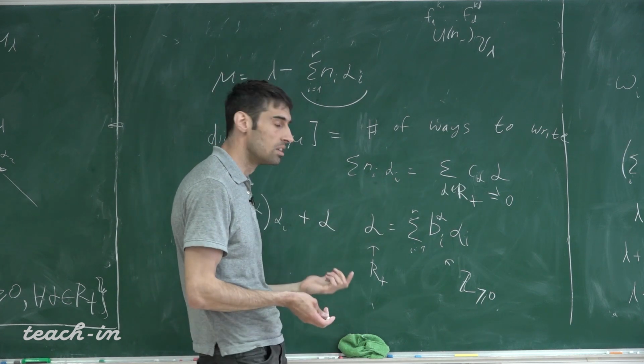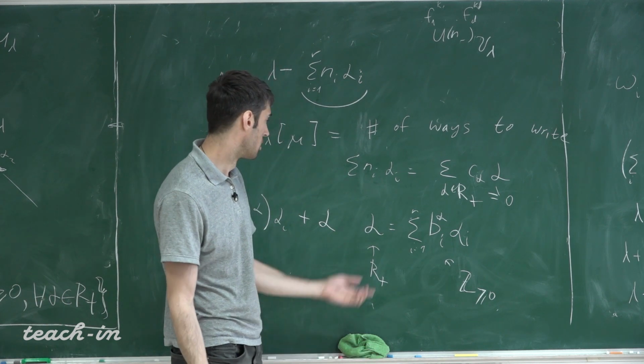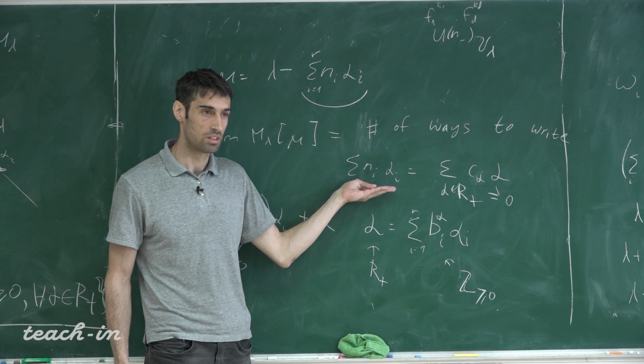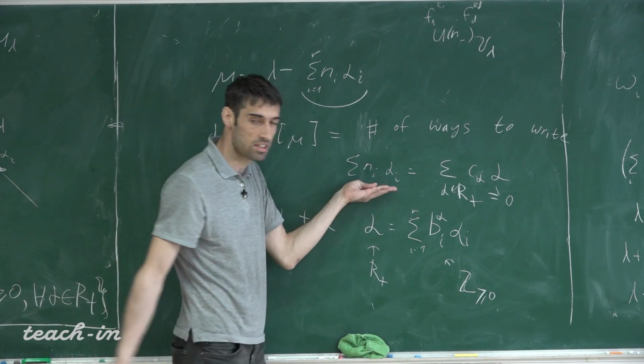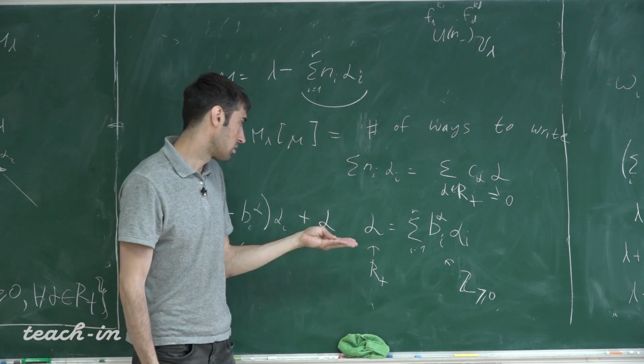Now let's see how many such ways there are. There's at least one, right? Because alpha i is already positive. But what else can you do?